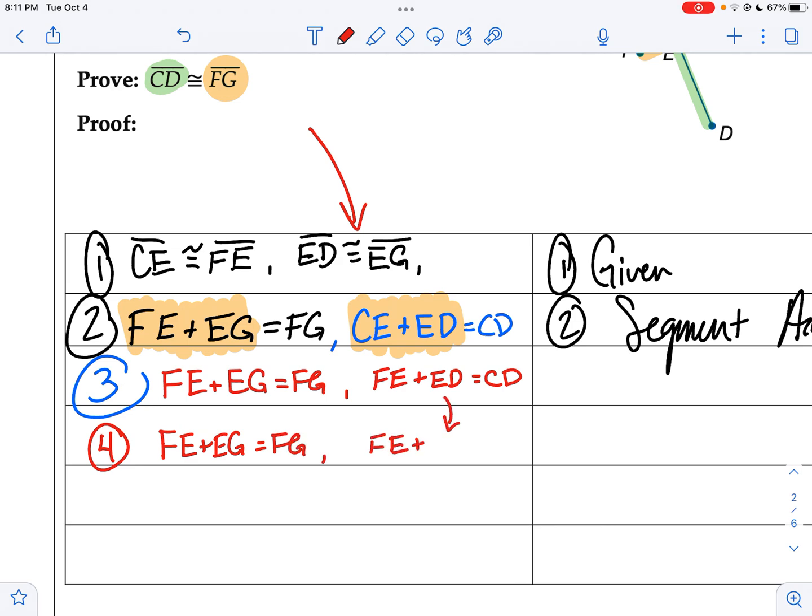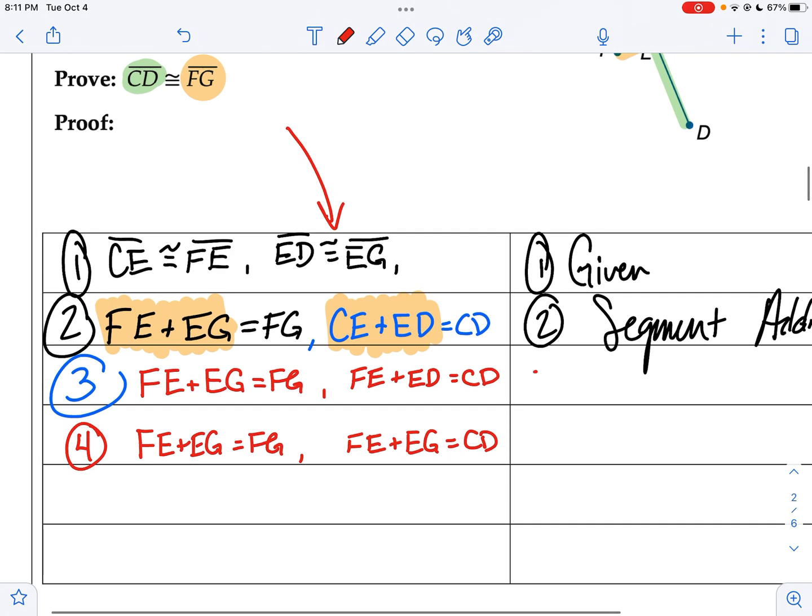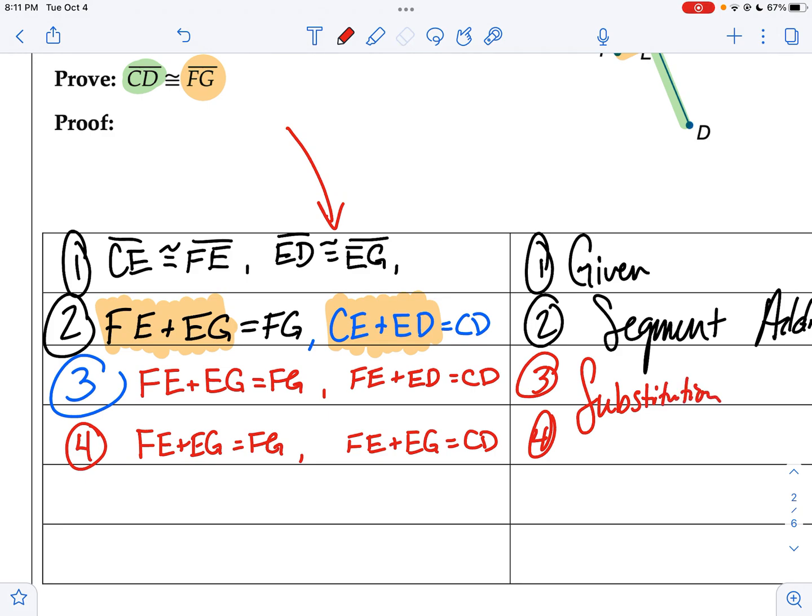FE plus, now I could substitute, instead of ED, I could write EG, and I could set that equal to CD. And steps 3 and 4 were really the same thing. I was using substitution for both of those steps to substitute in a known value.